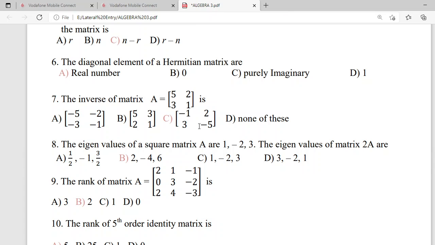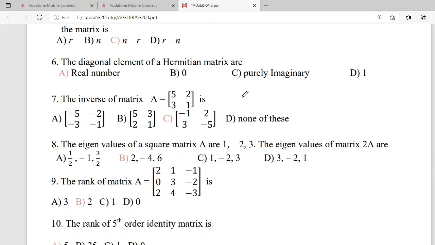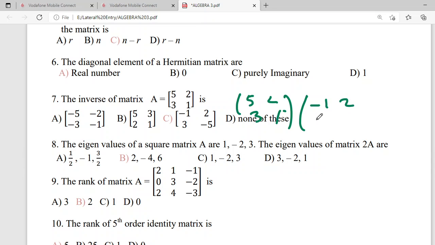So this one is 5 2, and this one is 3 1, into this, which is minus 1 2, and 3 minus 5.